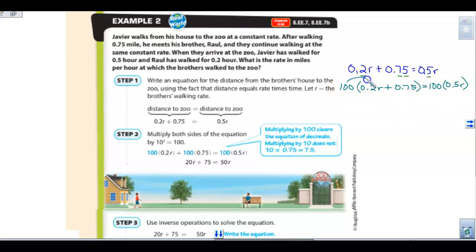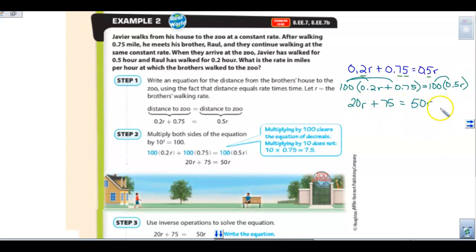So we're going to have 100 times this and 100 times this. And then on the other side, we're going to have 100 times that. So we're going to take 100 times 2/10, and we're going to get 20 R. We're going to take 100 times 75 hundredths, and that's going to give us 75. And then over here we have 100 times 5/10, and so that's going to become 50 R.